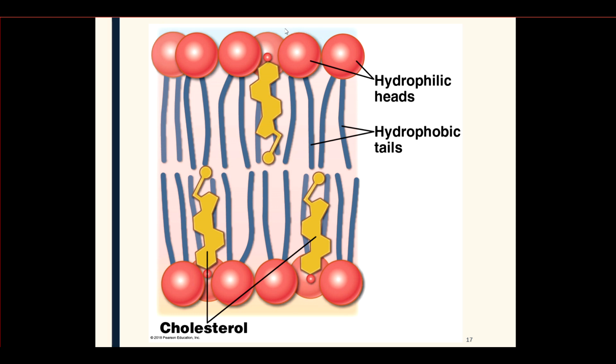They're going to face water. So let's just say right here where my arrow is, this is the water on the outside of the cell, the extracellular fluid. Then these phosphate heads, excuse me, they're going to face where this kind of tan area is. This would be the water inside the cell. But notice the fatty acid tails, they face each other. They don't face water. They were hydrophobic. So this whole thing is what our cell membrane looks like.